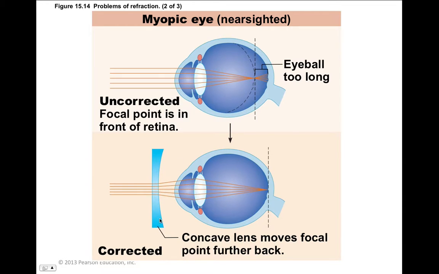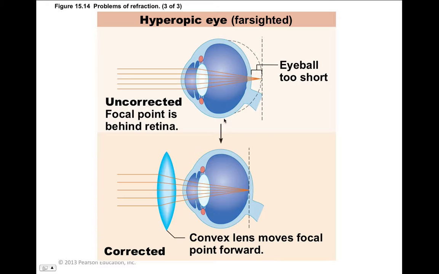So essentially you're going to diverge it enough so that your eyeball is going to correct it. And there's different intensities to that concavity. So the longer the eyeball, the more concave you need to make that lens that sits in front of the cornea. Okay. Now, if you have a hyperopic eye, which is for farsightedness, the eyeball is too short. Well, now the image is too far behind the retina, so you get a blurry image when it lands on the retina itself.